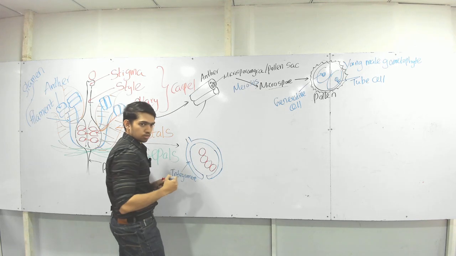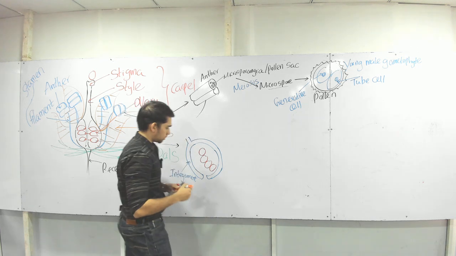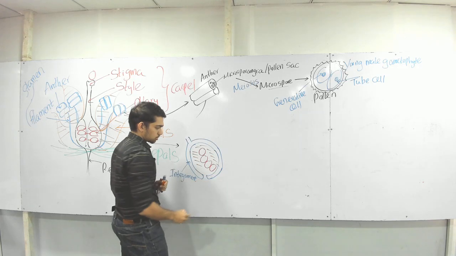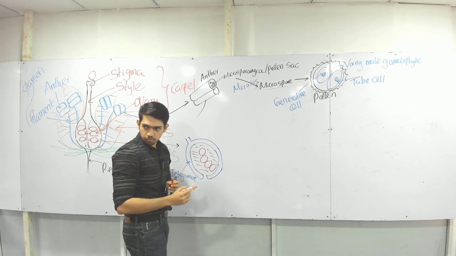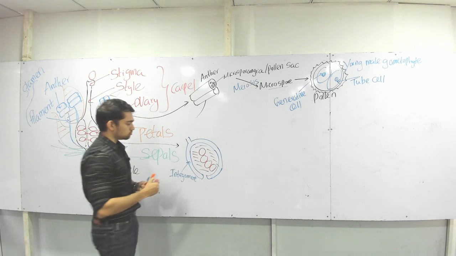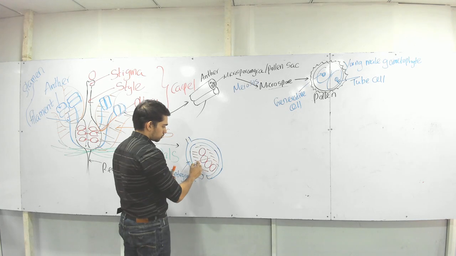What is the interior of the ovule? Megasporangium. And what are these four red cells? These are megaspores produced by meiosis.